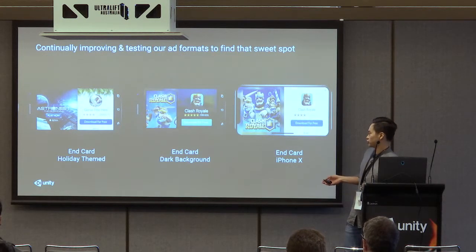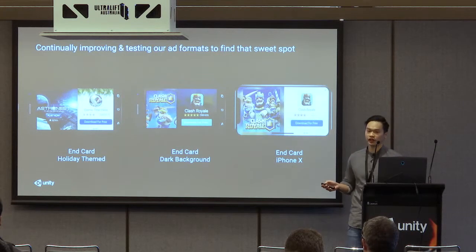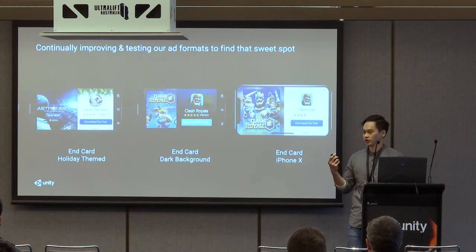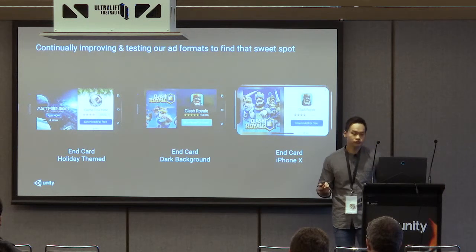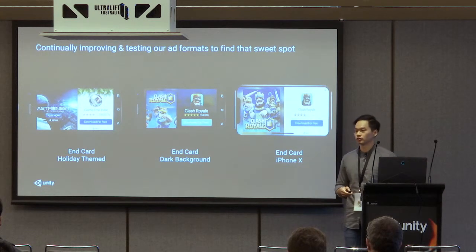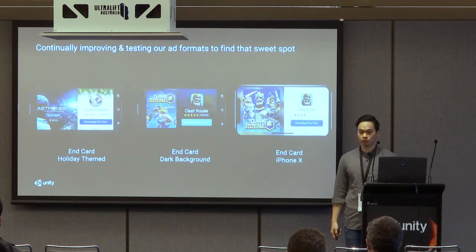So for example, in the case of an iPhone X, they have very interesting borders in terms of the way you can serve the end card. For a period of time, we figured out that a lot of our normal end cards were actually getting cut out, so we had to test it internally, and then make the changes so that developers don't suffer after that. So we do our own A/B testing as well, so that we can help you find that sweet spot on top of the A/B testing that you are also doing.